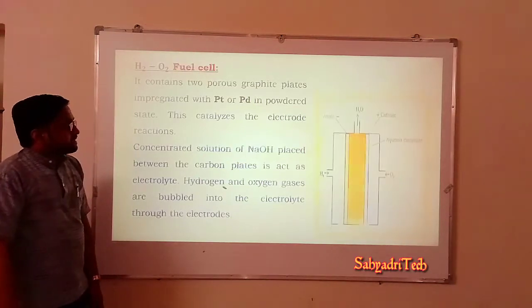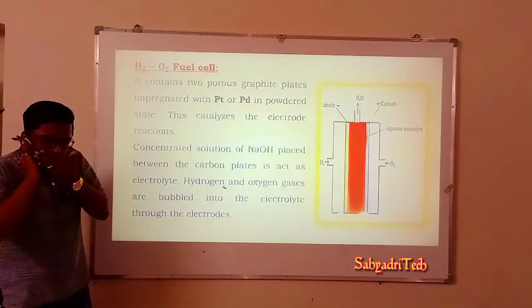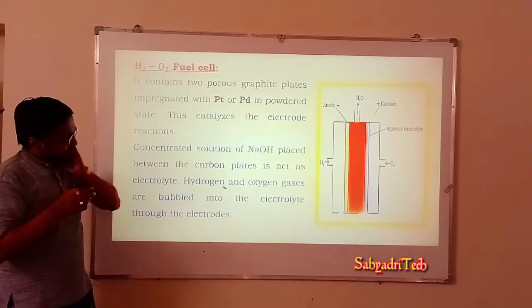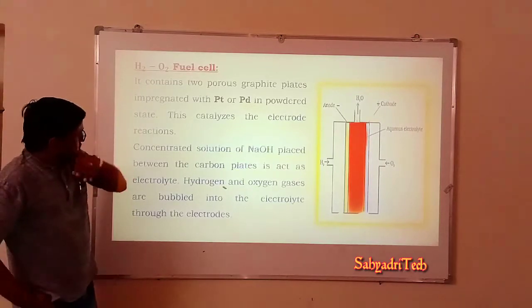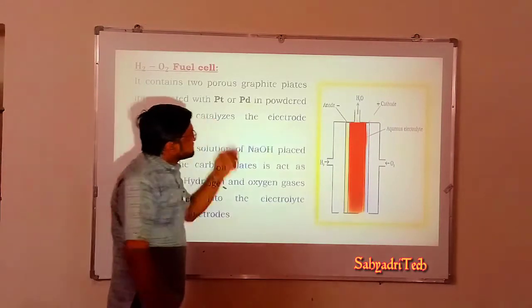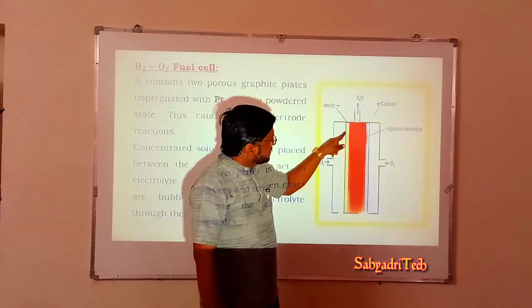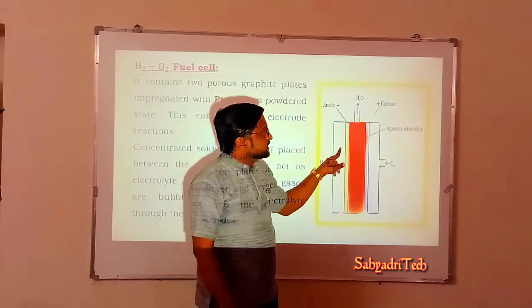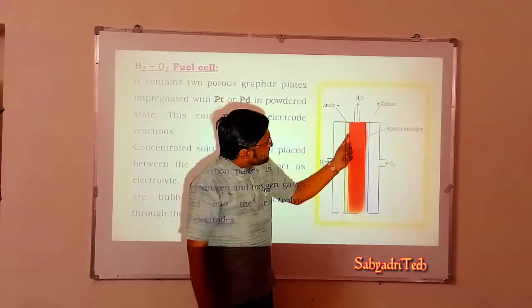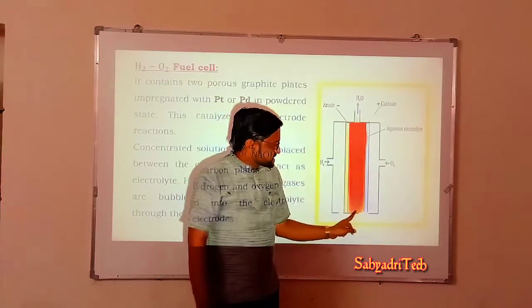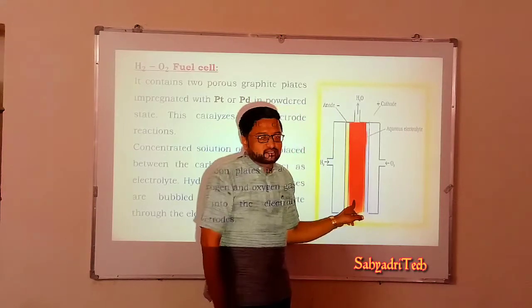When you look at it diagrammatically, you can easily recognize this. There will be two porous graphite rods impregnated with platinum or palladium. The space in between these electrodes is filled with concentrated sodium hydroxide solution.